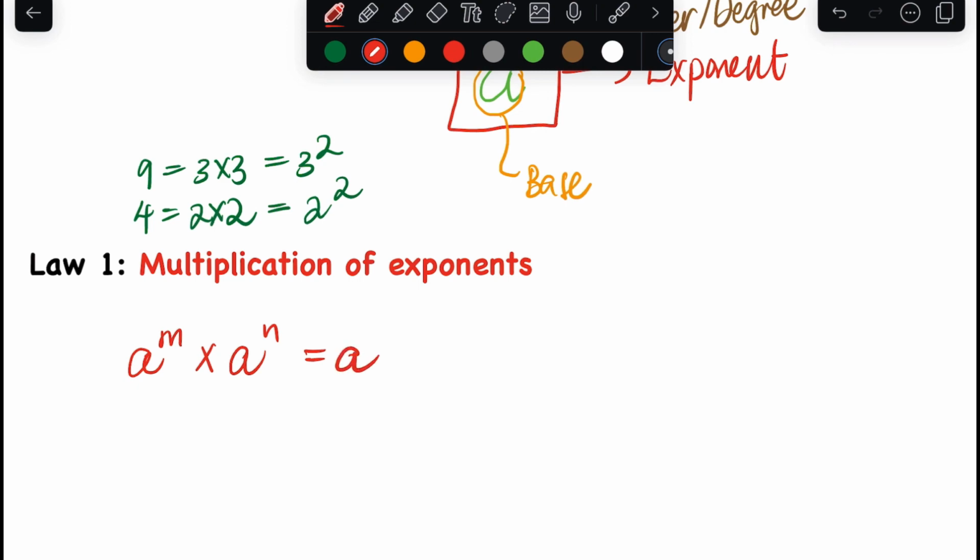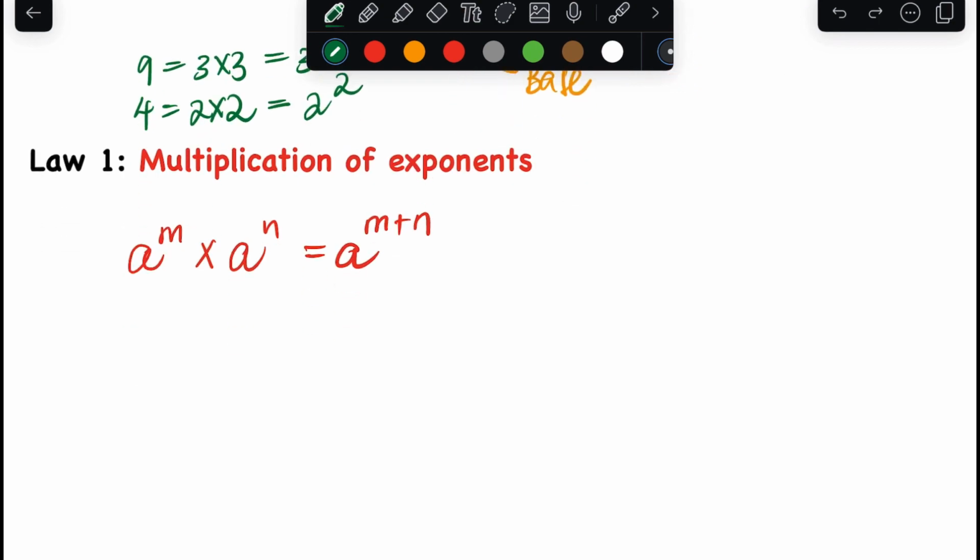And then what do you do with the powers? You add them. All the time, if you're multiplying an exponent with another exponent, you just take one base and you add the powers. That's law 1 of exponents.